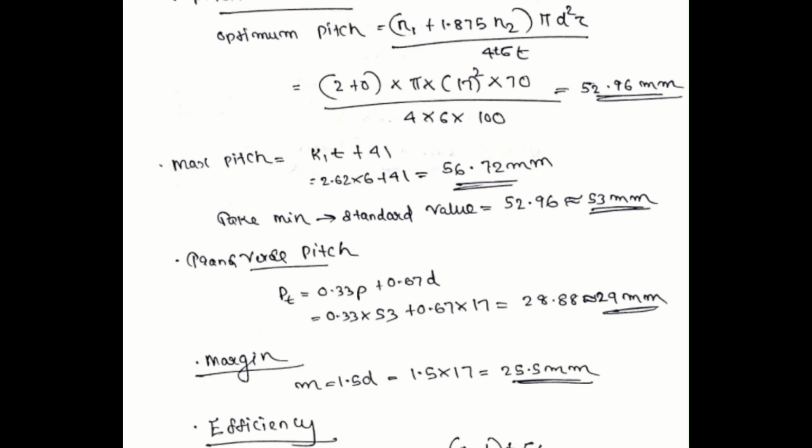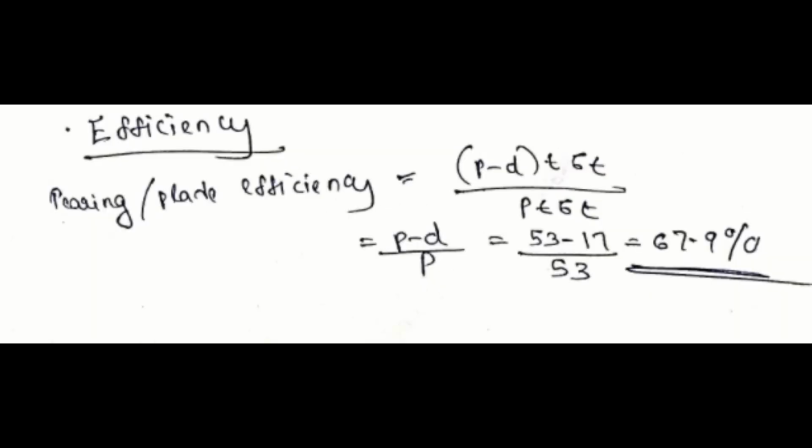The final step they asked is to find the efficiency, right? So how do you find efficiency? There are three types of efficiency. First, you need to find the tearing or plate efficiency, which is given by this equation. After certain terms cancel out, it will be P minus d by P, where P is the pitch. We know the value of P and we have the diameter of the holes.